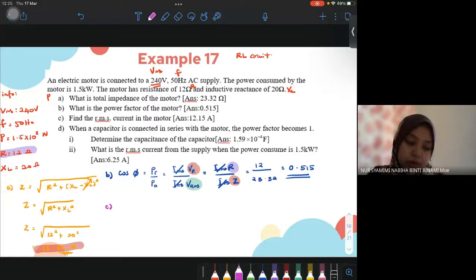So, we know we have the power here. We are asked for I_RMS.